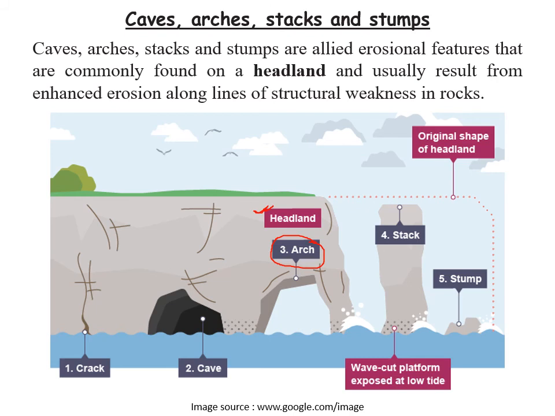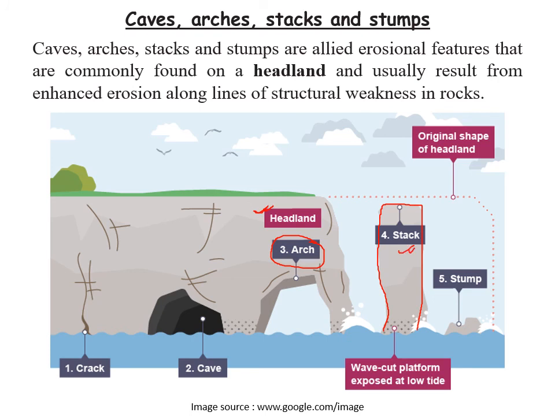As the roof of the arch collapses, in the frontal part you may find an isolated rocky part, which was previously connected with the headland. This vertical, isolated rock mass, formed due to enhancement of the arch and collapse of the arch roof, is known as a stack.